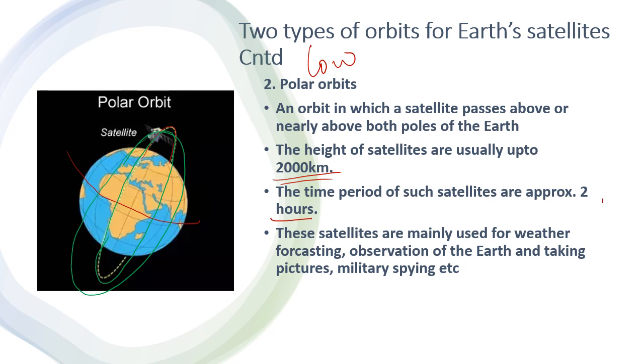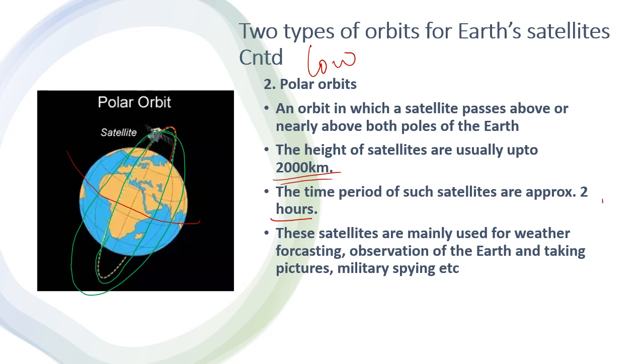So what are the main differences between geostationary and polar satellites? Geostationary satellites move around the Earth above the equator, whereas polar satellites move from one pole of the Earth to the other. Geostationary satellites are at a much higher height, 36,000 kilometers, whereas polar orbits are only at a height of 2,000 kilometers.